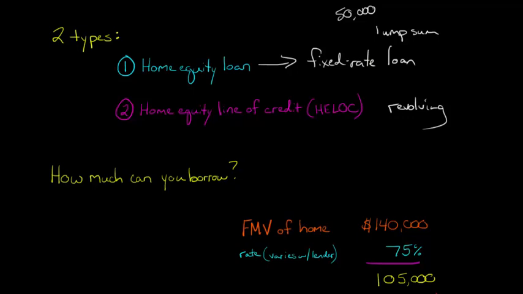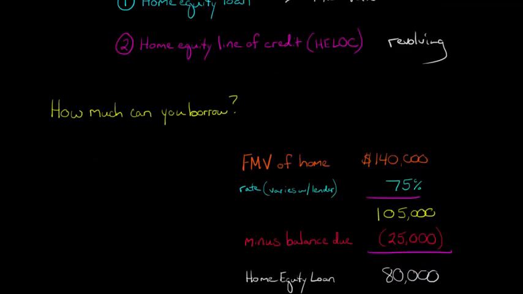First, you start out with the fair market value of the home, and the bank has some kind of percentage rate at which it is willing to make home equity loans. Assuming the house is worth $140,000, they would lend up to 75% of that value after deducting the first mortgage that has yet to be paid.